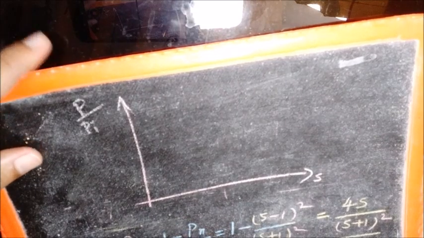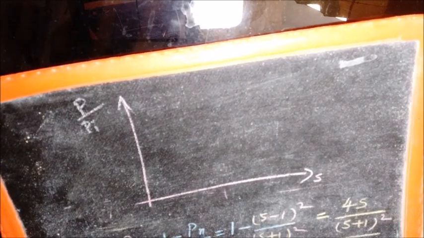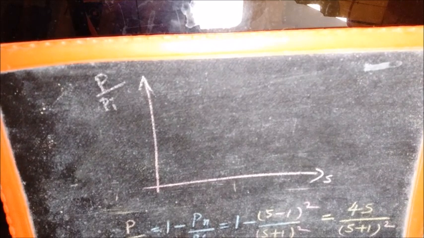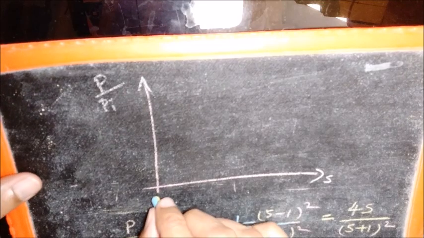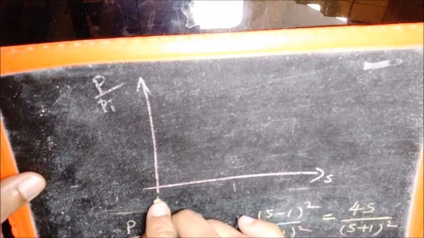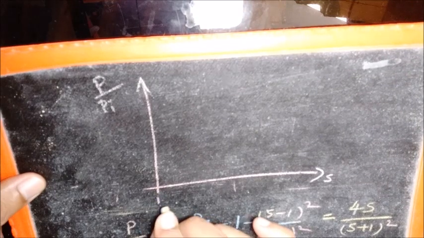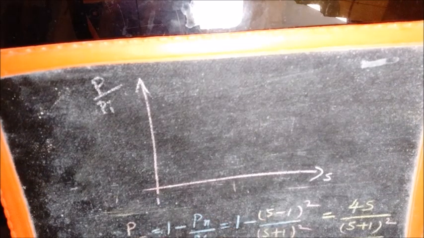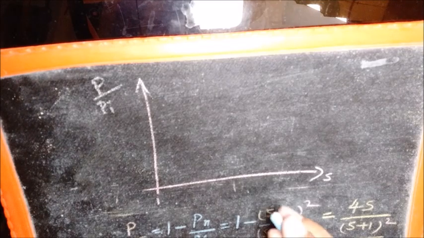The smallest value S can take is 1, because S is Emax by Emin. When Emin is equal to Emax, the case when there is no reflection, S is equal to 1. When Emin becomes smaller and smaller compared to Emax, the reflection is becoming more and more significant. The value of S increases.